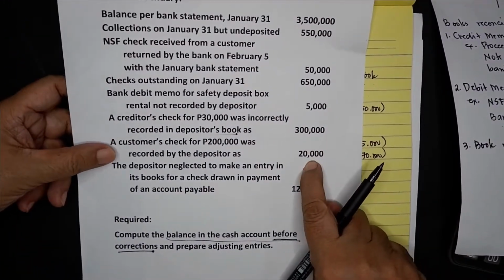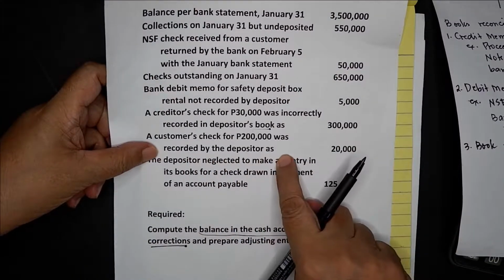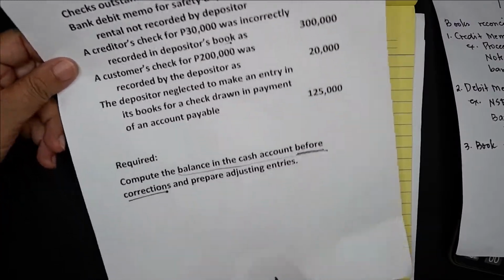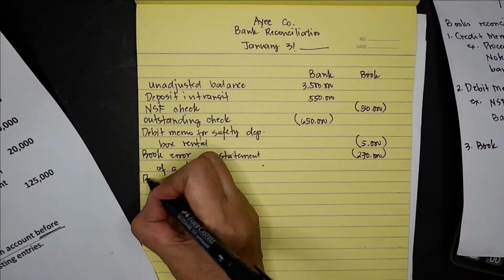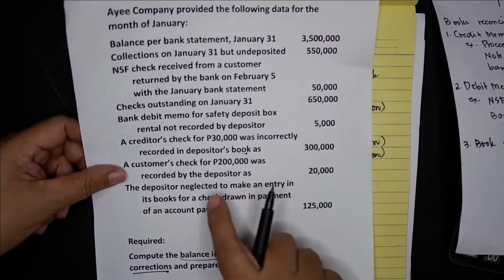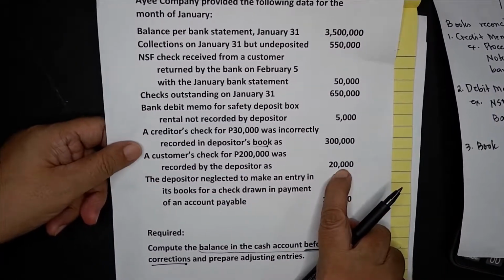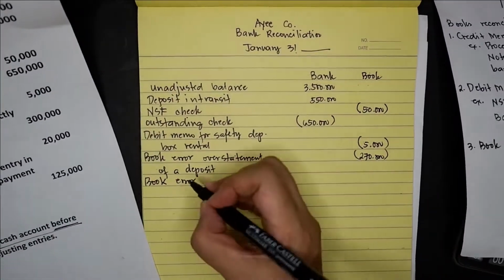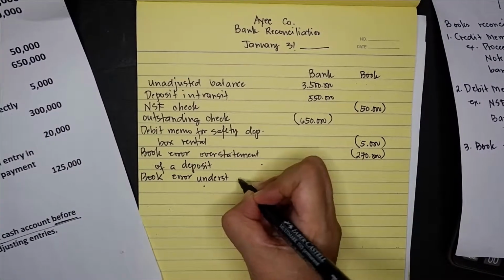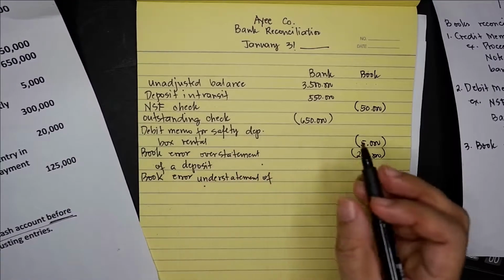Then we have 20,000. A customer's check for 200,000 was recorded by the depositor as 20,000. Again, this is a book error. So this is 200,000 recorded by depositor as 20,000. So it is an understatement of deposit also.